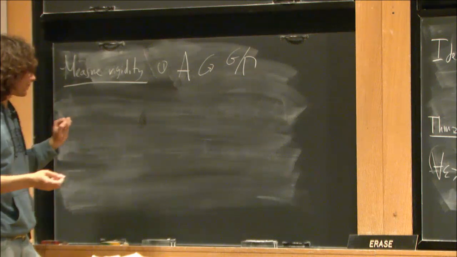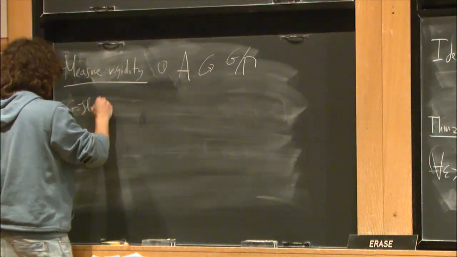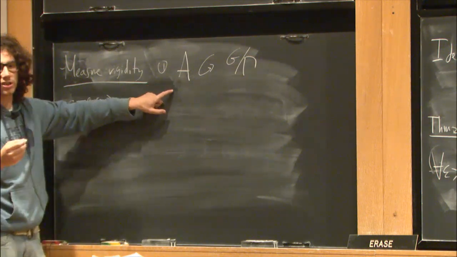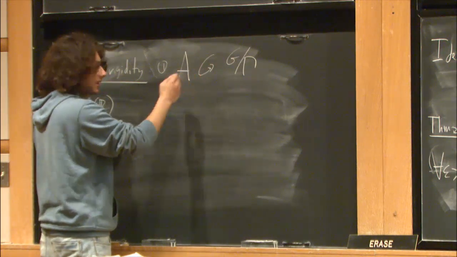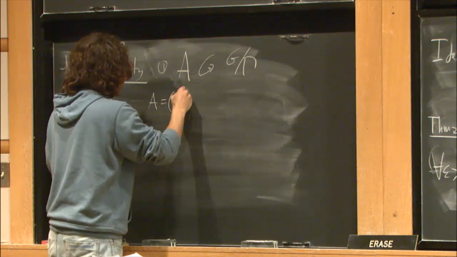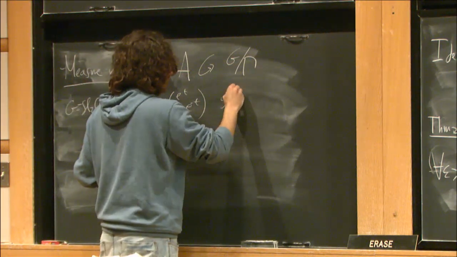In the case where G is SL2R, this action of A is just right multiplication, A is just the geodesic flow.